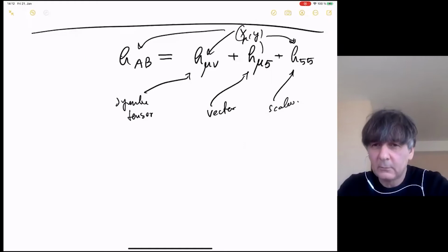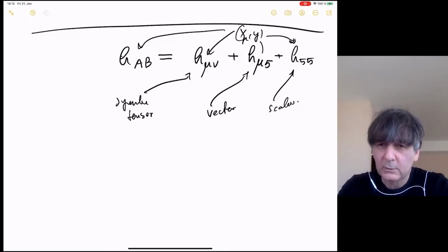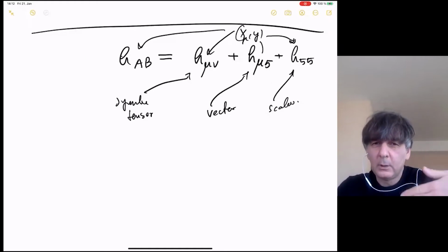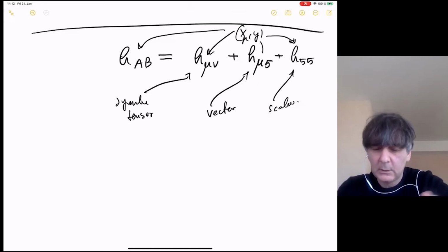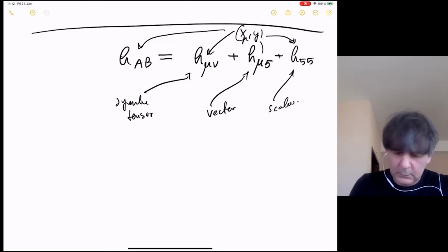It's like a Fourier decomposition. Basically, we Fourier decompose the 5-dimensional field in Fourier harmonics with respect to the coordinate y. But since there are indices involved and there's gauge redundancy, we just need to be a little bit more careful. But things are straightforward.